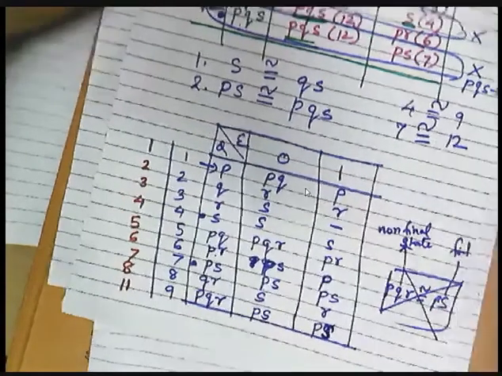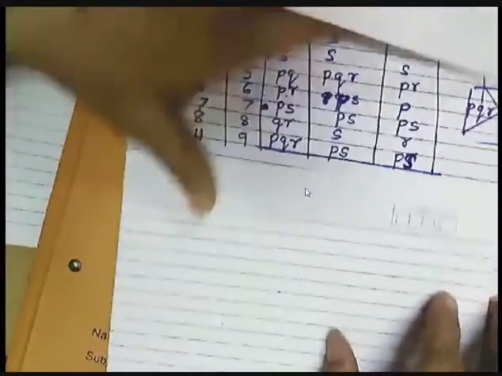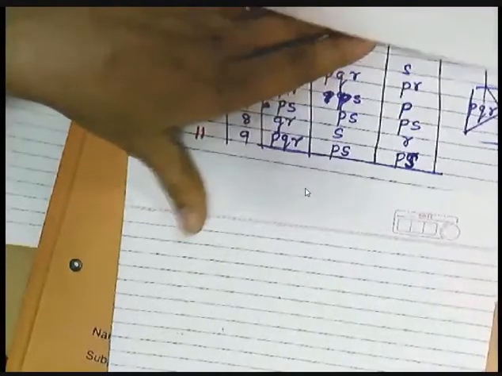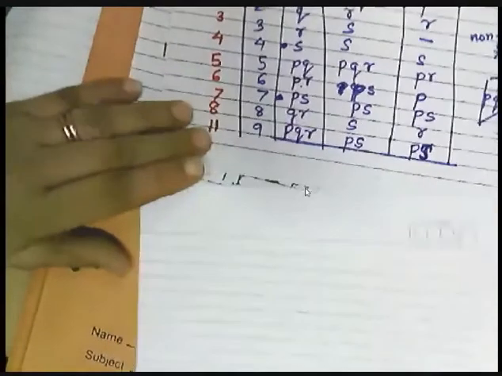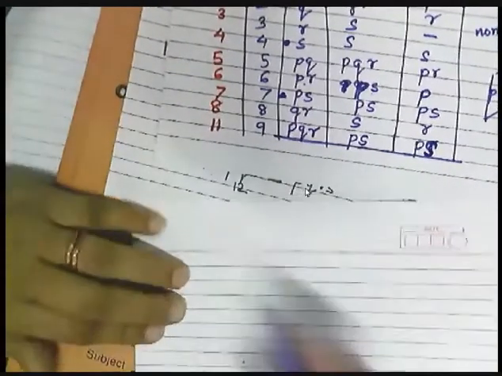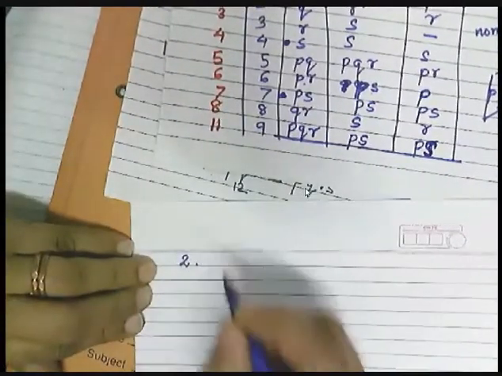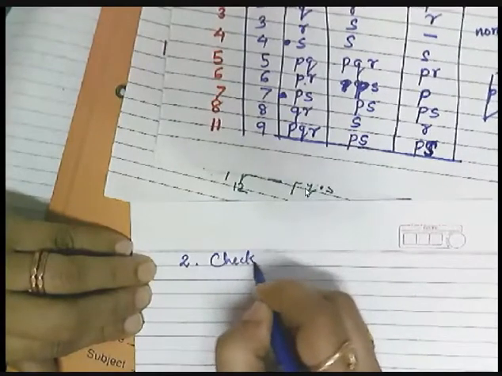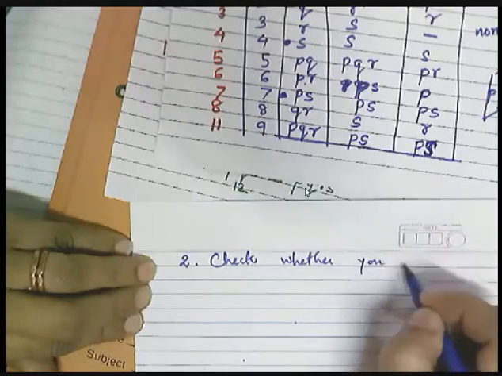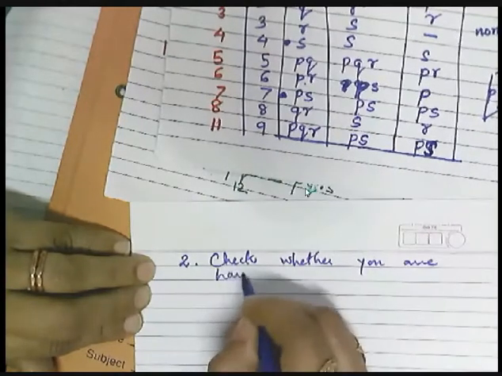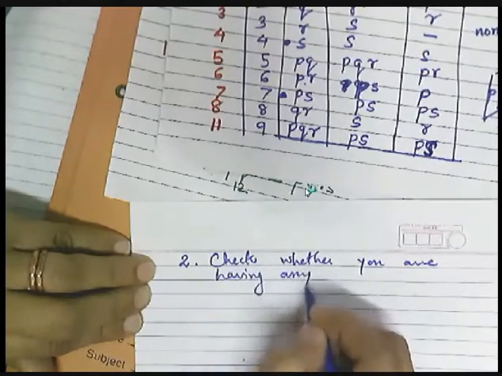Now one last step is we are drawing the transition graph. Still it is not over. You'll find again some problems in this. So this is the first way to minimize. Now the second way is to check whether you are having any unreachable states.